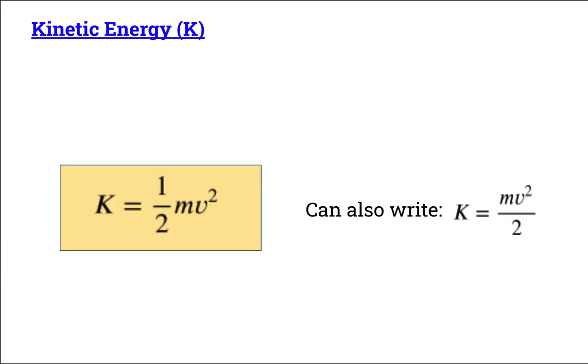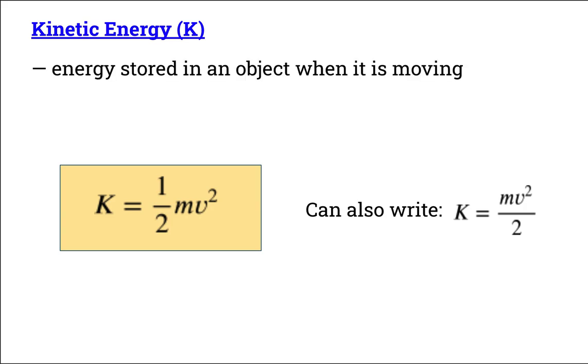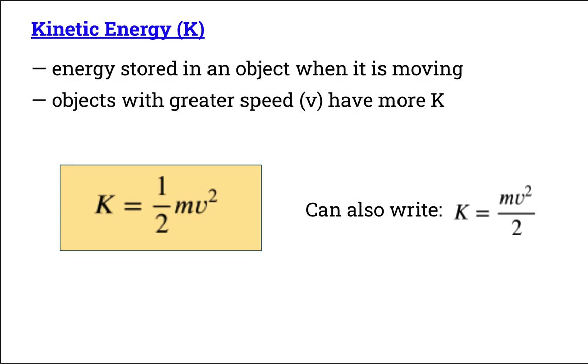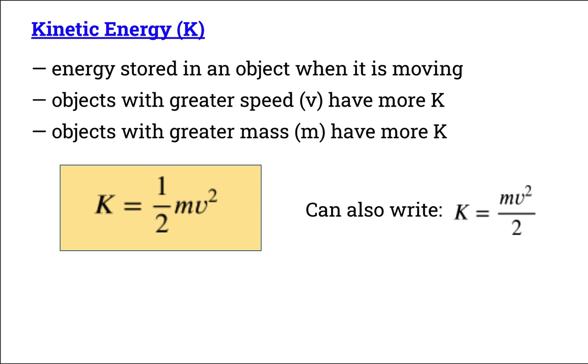Kinetic energy is calculated using the mass of the object and the speed. It has to do again with motion, and so the greater an object's speed, bigger the v is, the more kinetic energy it has. But also, if it's just a larger object, it has more mass that is moving at that speed. That is also going to be associated with more kinetic energy.